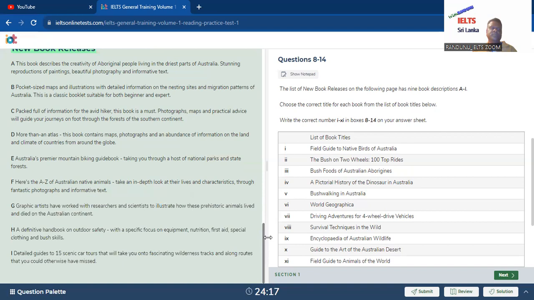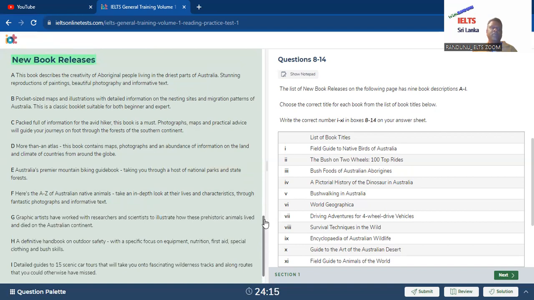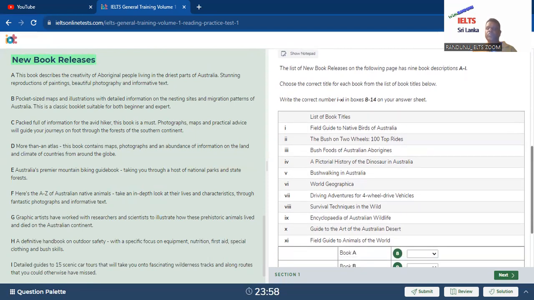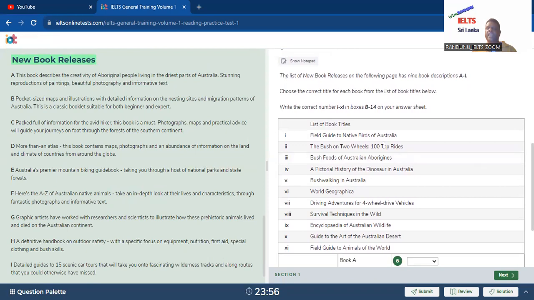This is about some books they released. Here they have given some titles for these books, the names of the books.